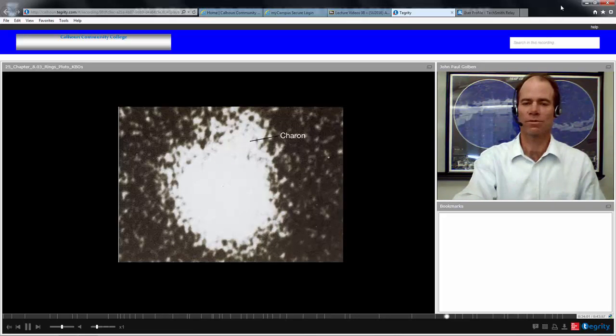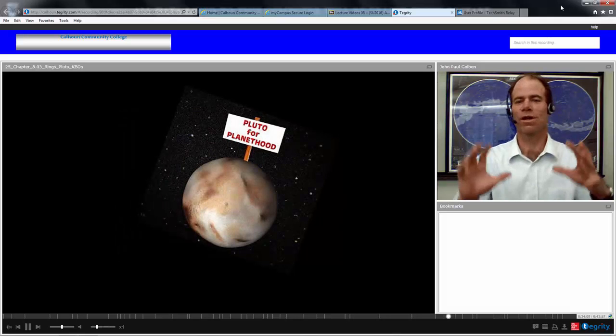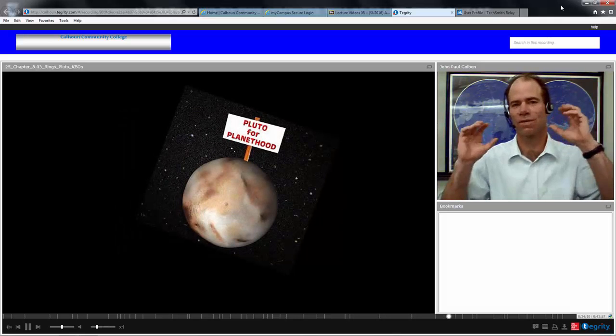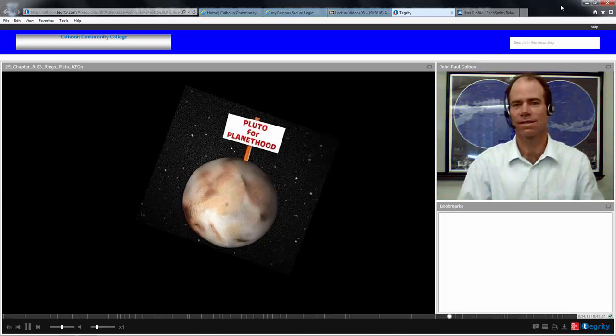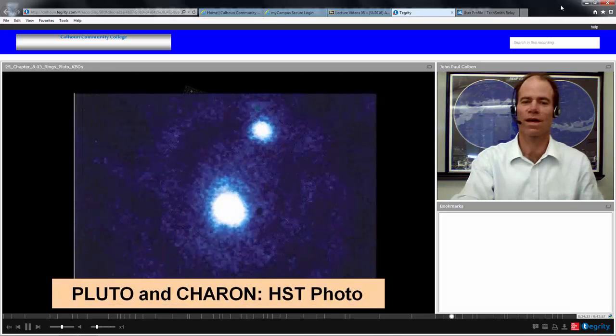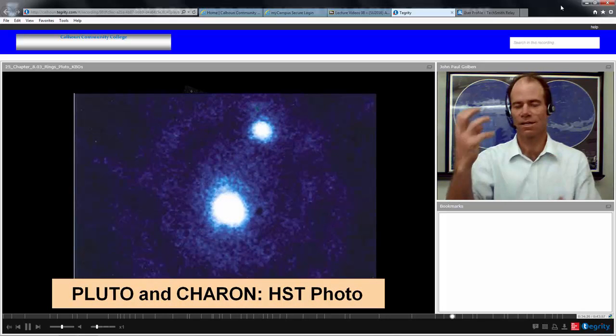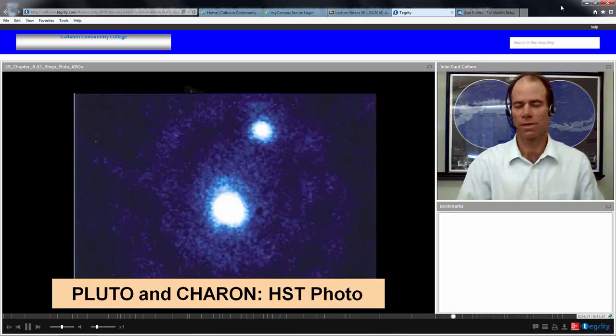Let's see what happens when we look at a higher resolution picture of Pluto. We see, yep, there's Pluto campaigning for itself to become a planet again, and that extra light is just its campaign sign. No, that's not it. Let's look at the higher resolution image taken by the Hubble Space Telescope recently, and we can see indeed there are 2 objects there. There's Pluto and Charon. The Hubble Space Telescope has discerned between the 2.